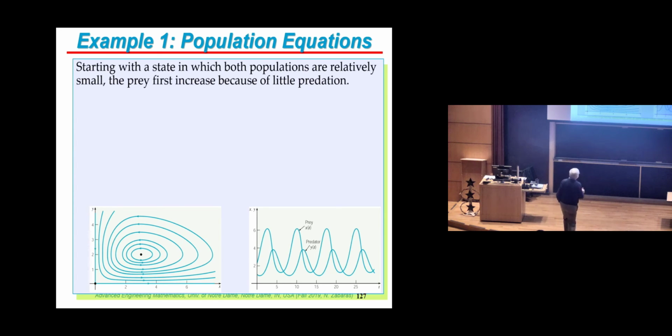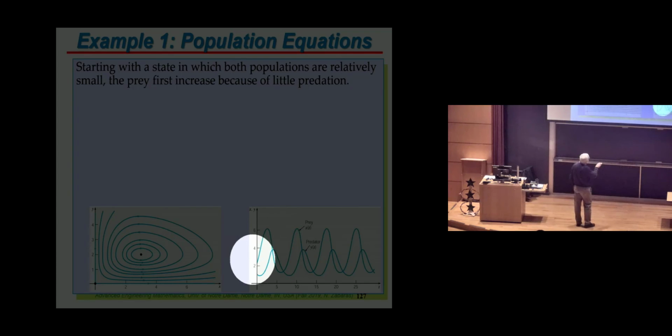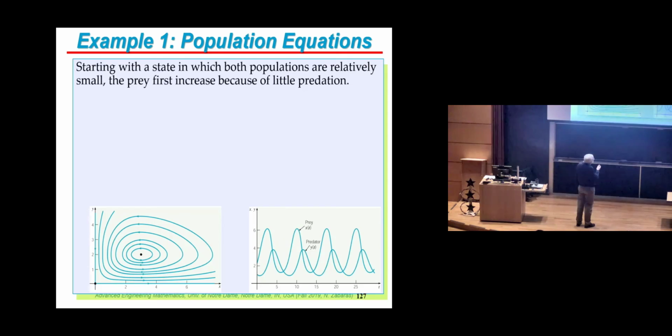And when you look at this plot, can you understand why it looks like this? So you start, let's say, at time 0, when both populations are very small. You notice the prey keeps increasing. Why is it increasing? Because there are not too many predators around.